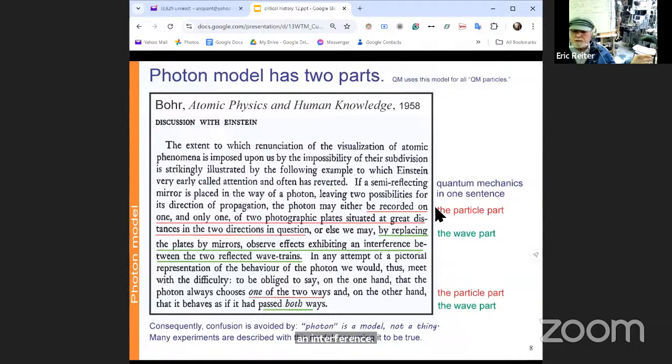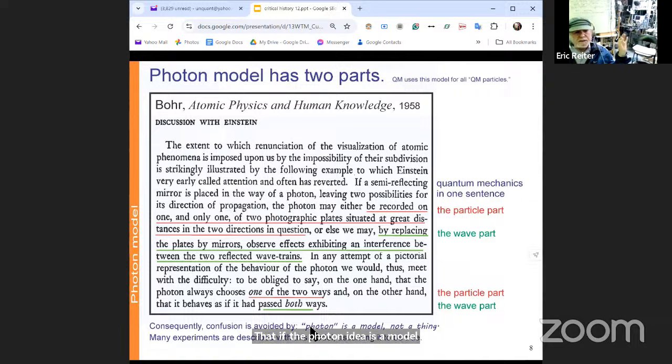Okay, so there's the particle part and the wave part clearly explained, and they say that the visualization of this is impossible. So straight away, it's about a model, that the photon idea is a model, not a thing.